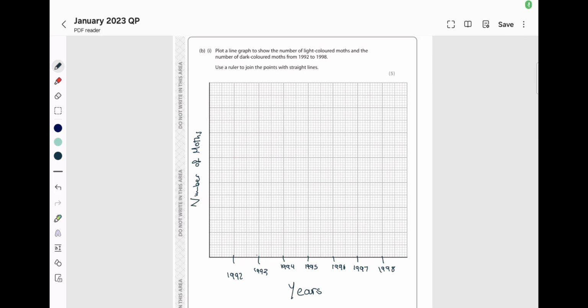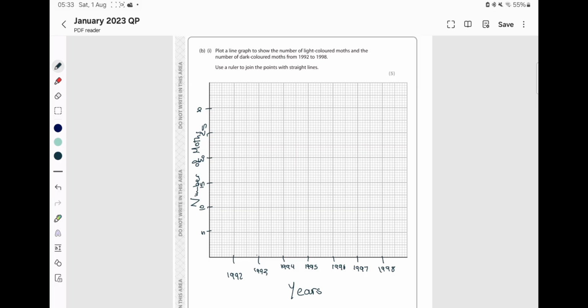I'm going to go with 5s for every large box, so 5, 10, 15, 20, 25, 30. You can do any scale you like, as long as you go above about half of it.